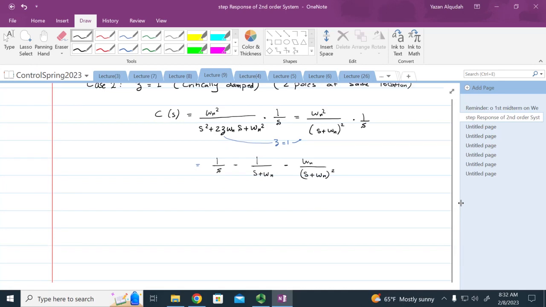We can take the inverse Laplace of this expression, and that is going to equal 1 minus e to the negative omega n t minus omega n t e to the negative omega n t, times u of t.